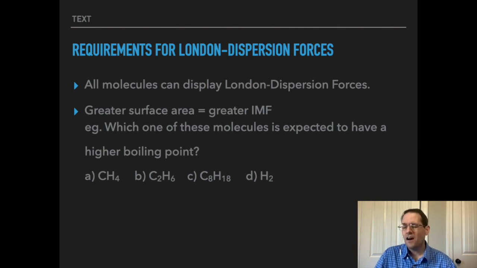C8H18, that's octane or gasoline, by the way, has 8 carbon atoms and 18 hydrogen atoms. So that's going to be a rather big molecule with a large amount of surface area that can stick or grab on to other molecules. Okay, so C8H18, choice C, is going to have the highest boiling point. Which one of those do you think would have the lowest boiling point?